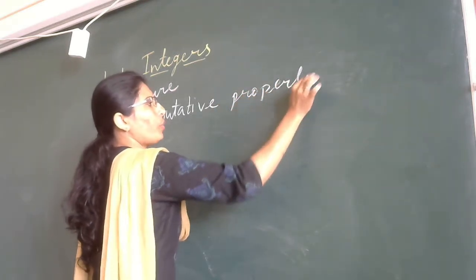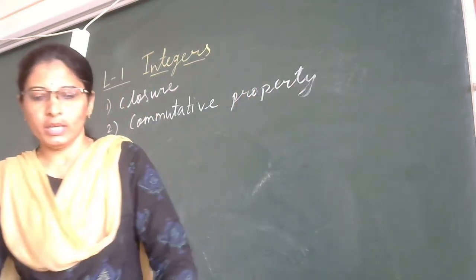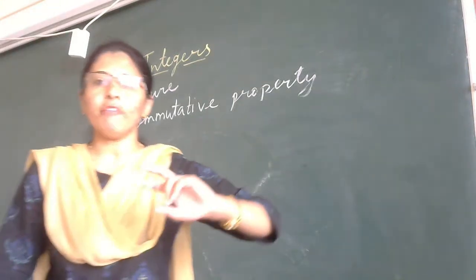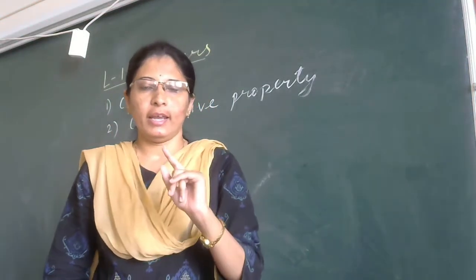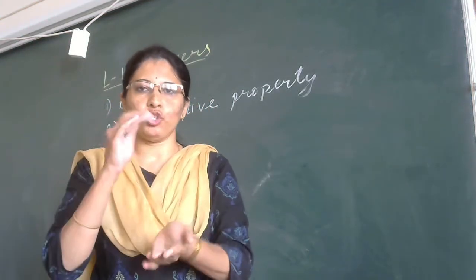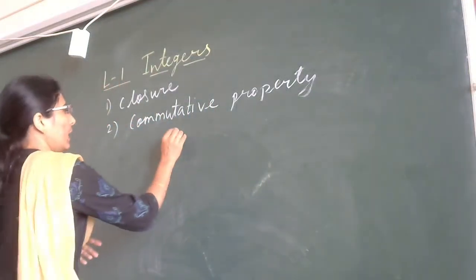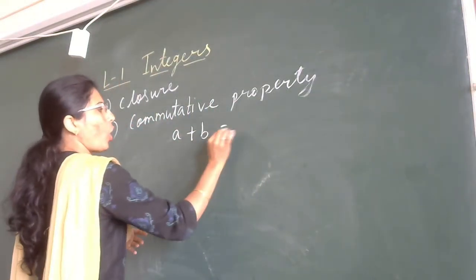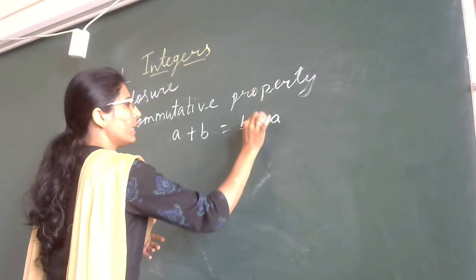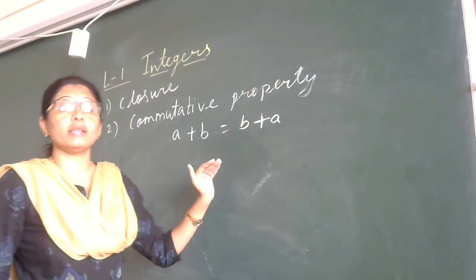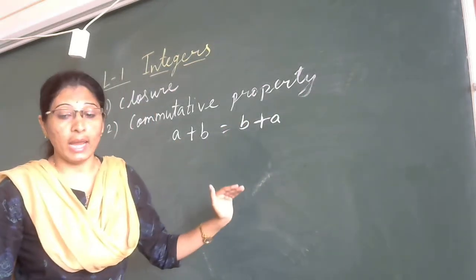Now commutative property means, if you add any two integers and change the order, that is a plus b or b plus a, the result, the sum, will be the same.